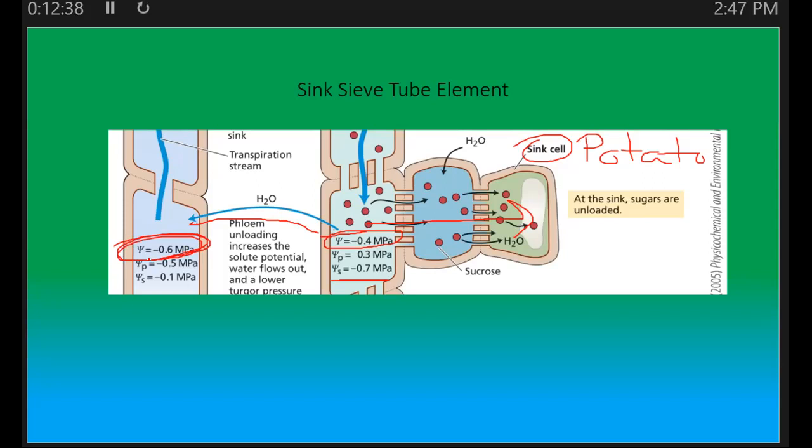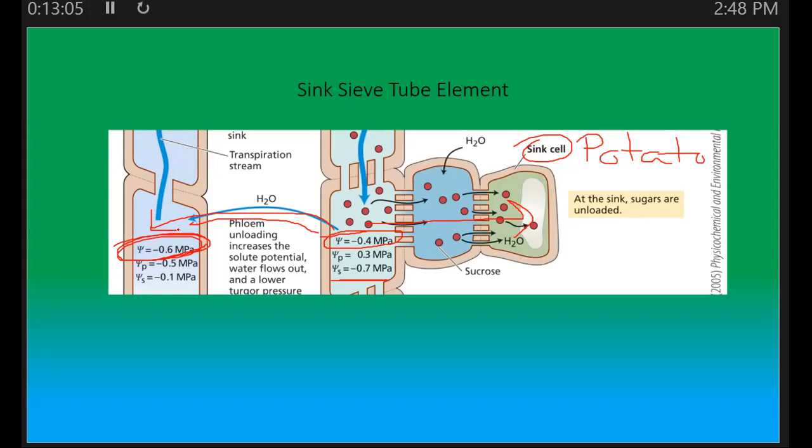We know that water moves from less negative to more negative. So now water is exiting out of the sieve tube element. Well, if you have water leaving that area, your psi sub P goes down. You don't have much pressure. So here you see a psi sub P of 0.3. It's there, there's still some there, but it's not dramatic.